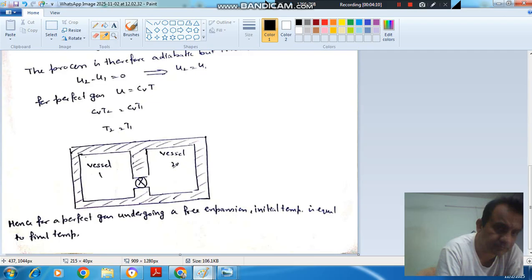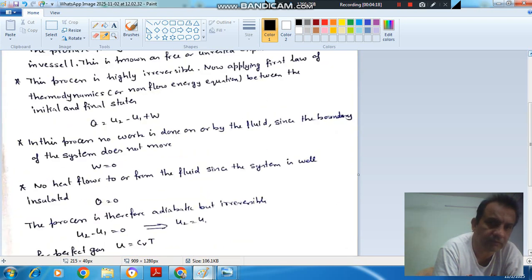Now applying the first law of thermodynamics or non-flow energy equation between initial and final state, Q is equal to U2 minus U1 plus W. In this process no work is done because we are not supplying any work and the total volume remains the same. No work is done on or by the fluid, since the boundary of the system does not move.